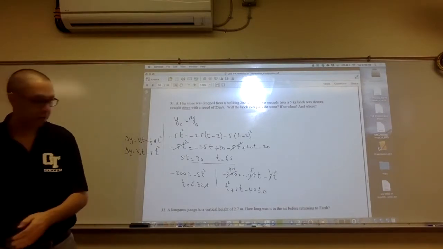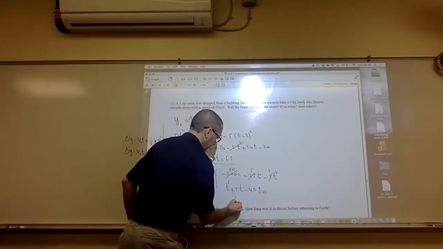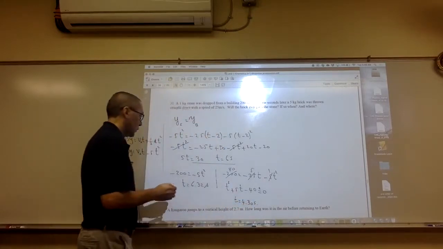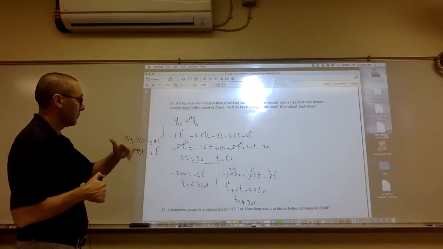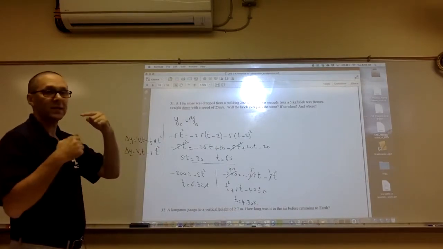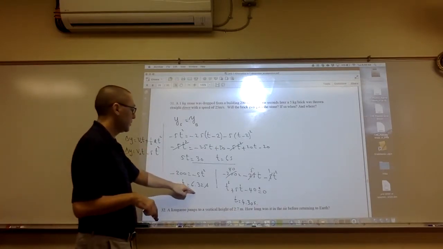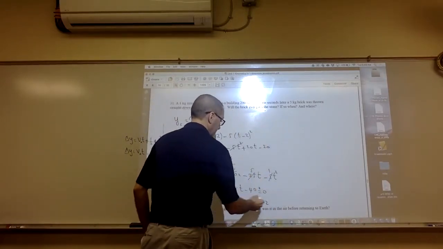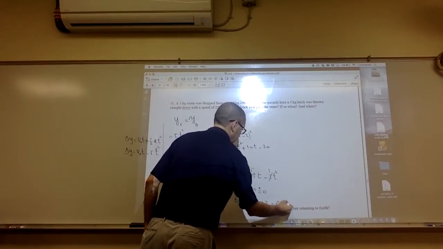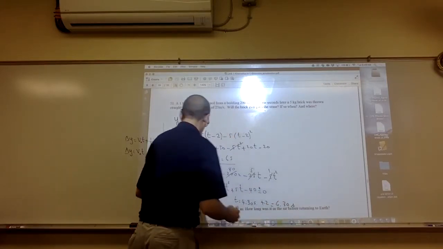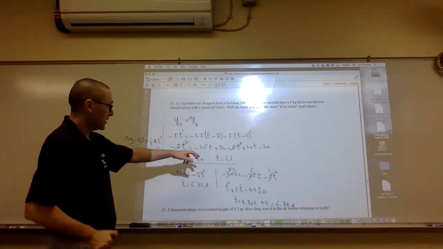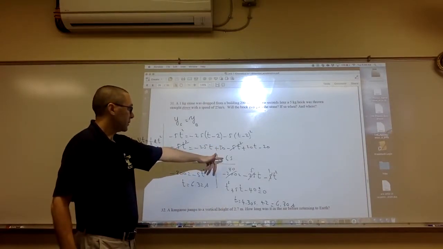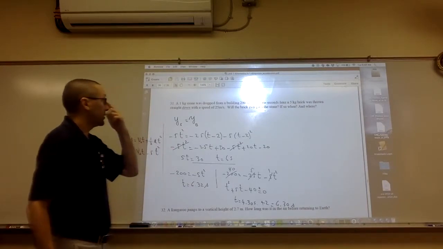I got 4.30 seconds for it to hit the ground, but if the clock started when I first dropped the stone, I have to add an additional 2 seconds because this was thrown 2 seconds later. So this is going to take 6.30 seconds. Now t is less than 6.3 or 6.32, which means the brick did pass the stone.